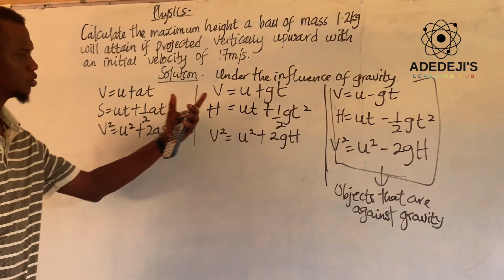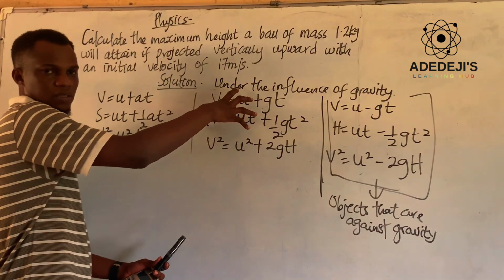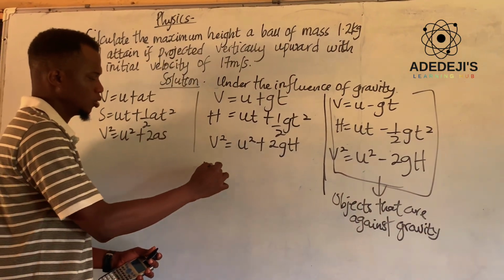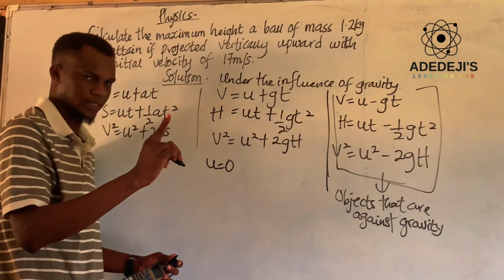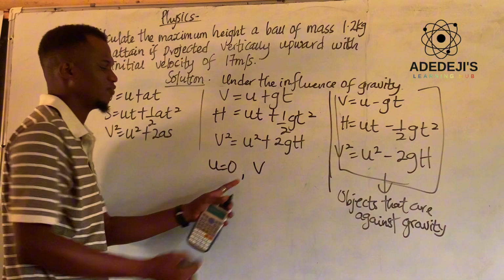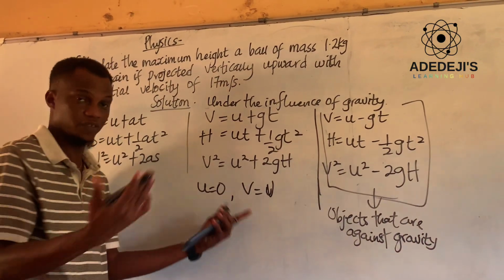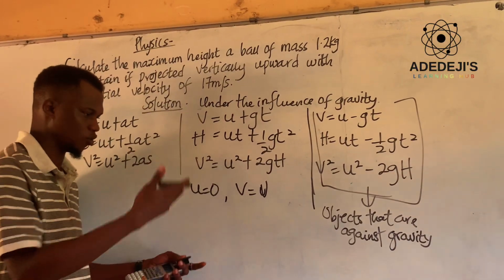Now, there are some conditions for each of them. For an object that is thrown down, in this case, the u is 0. Please take note, the initial velocity is 0, but it has a final velocity. So our v will be equals to v, or it can be given or found.